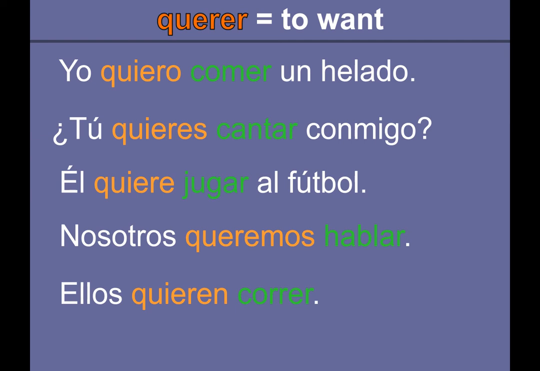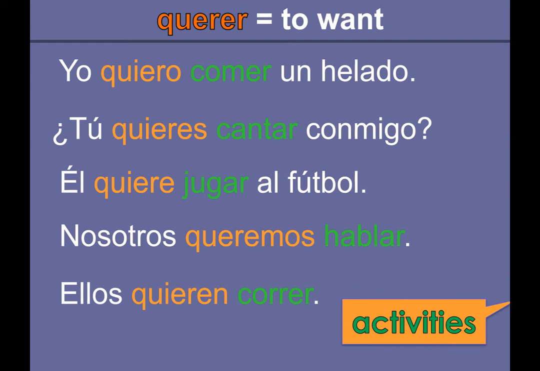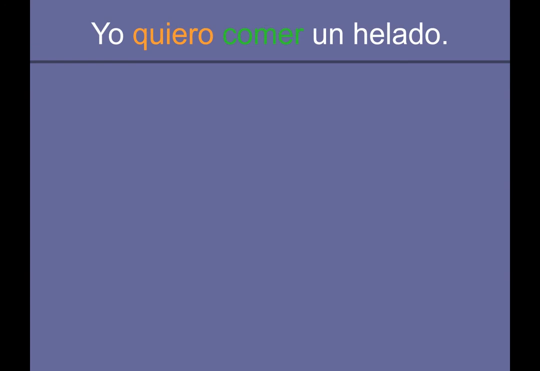Nosotros queremos hablar. We want to talk. Ellos quieren correr. They want to run. So now we're talking about activities.